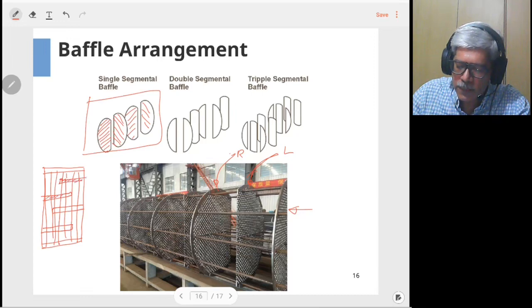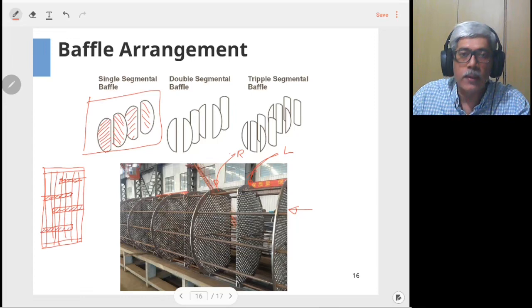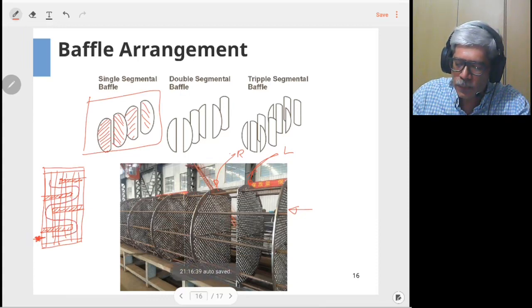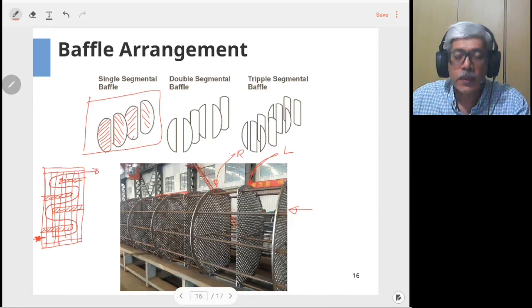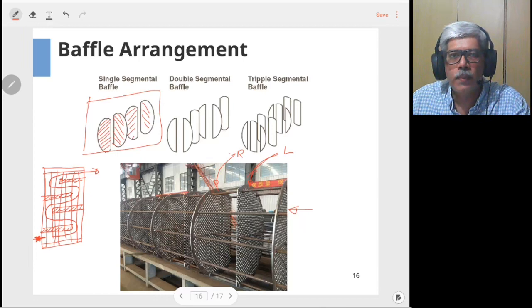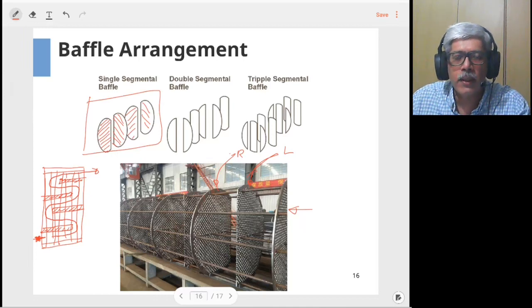So you get baffles which have their cut in the opposite direction. If you are supplying the shell side fluid from this direction, the fluid must take a turn at this side. So you will have the fluid flow making a cross flow, or perpendicular to the tube layout, between each of the baffles.